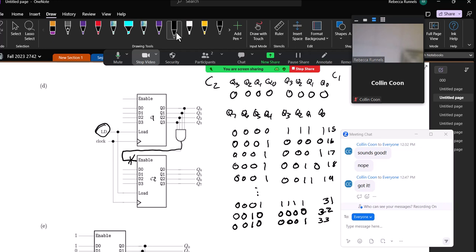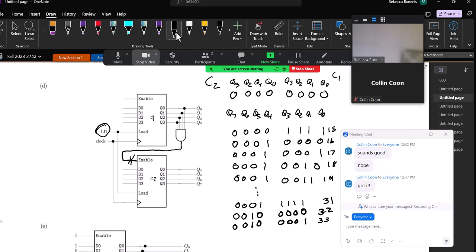So the way you put two counters together to make a larger bit counter is you just put the AND of all of the bits and link that to the enable. Okay, that was D.